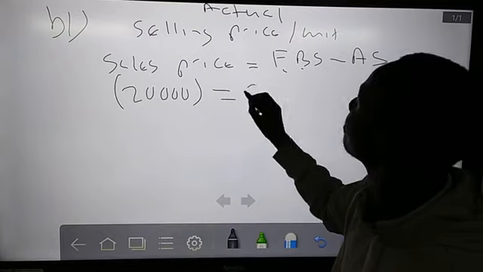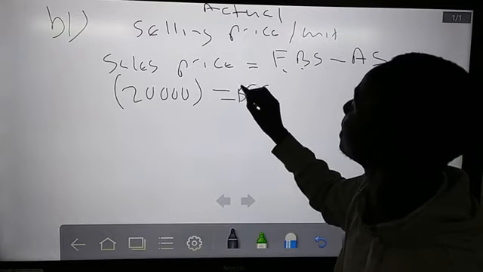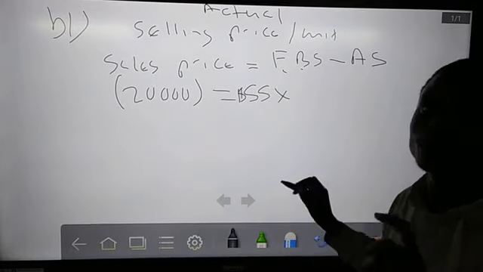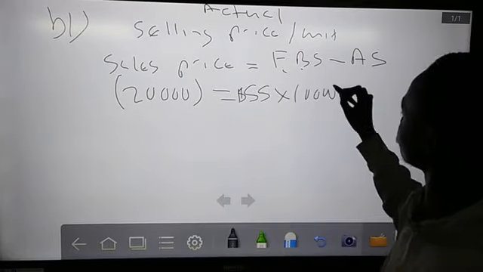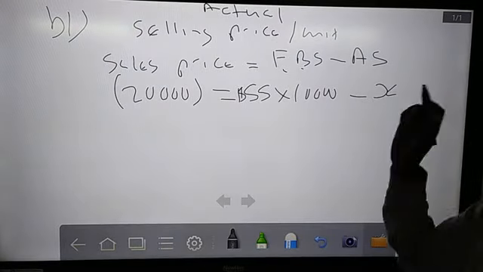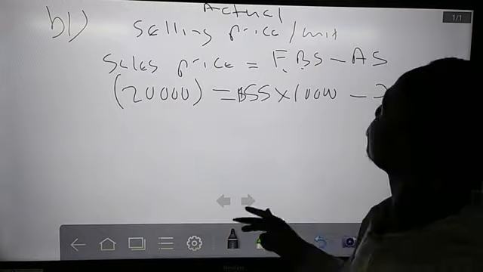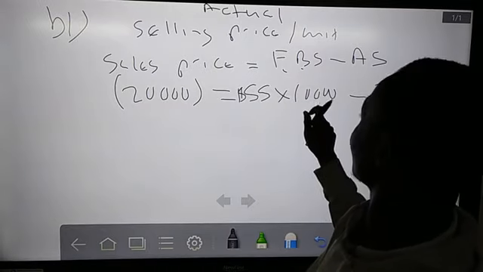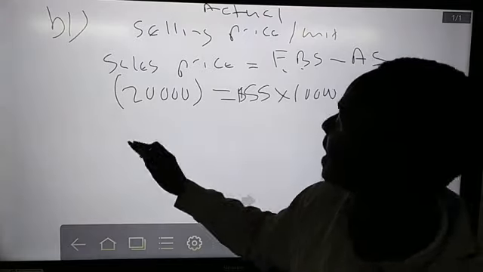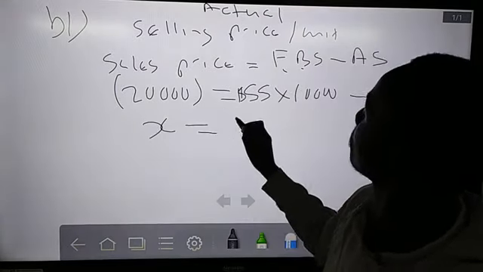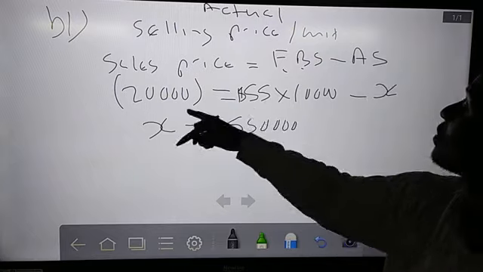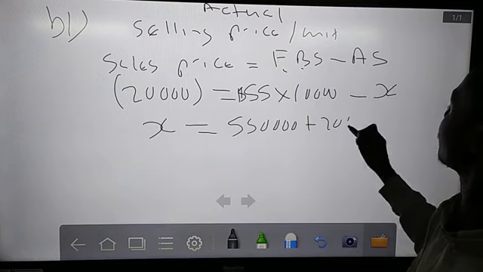Remember, budgeted selling price per unit is $55 per unit, multiplied by the actual units sold, 10,000, minus actual sales, which is unknown, let's call it X. So this becomes 550,000, isn't it? 55 times 10,000. Taking X to this side, X equals 550,000, and minus 20,000 goes to the other side and becomes plus 20,000.